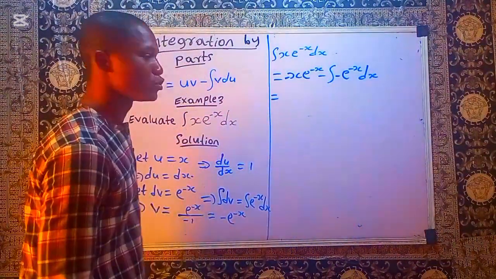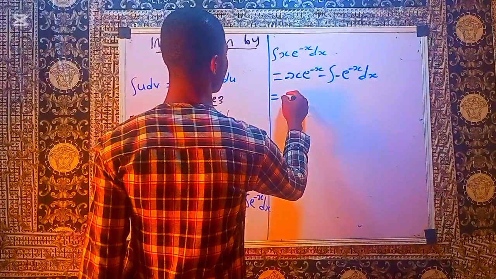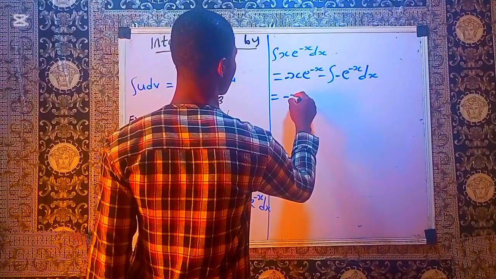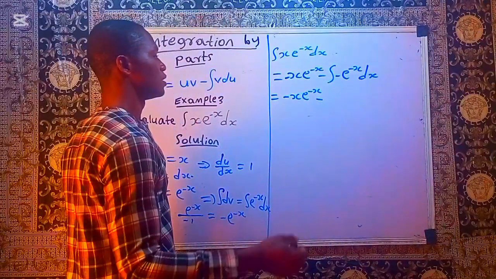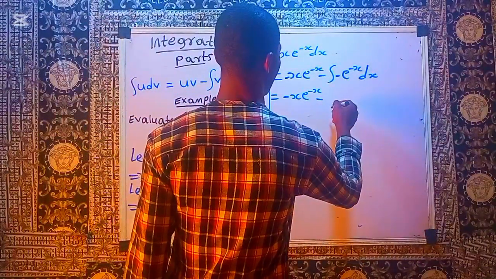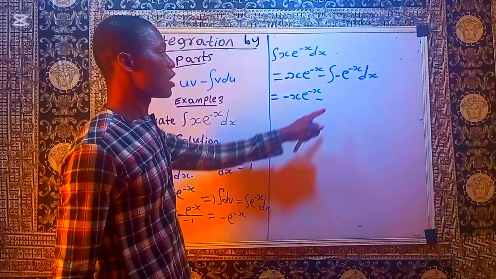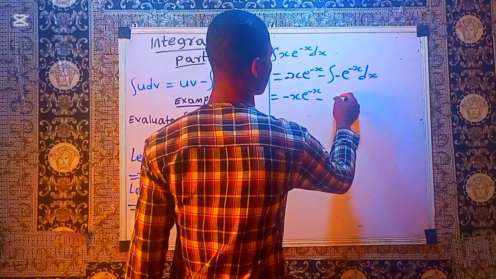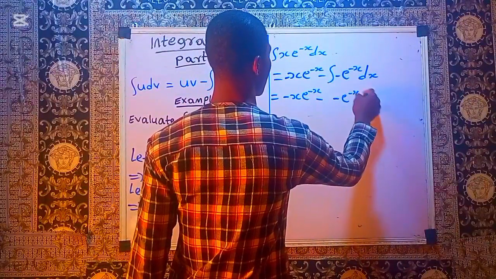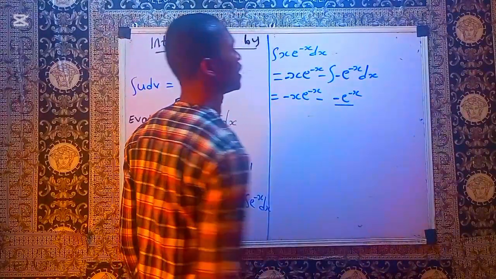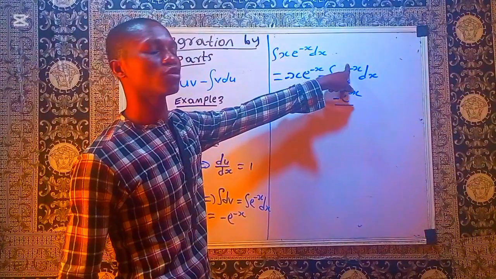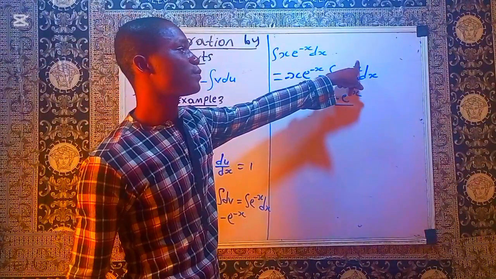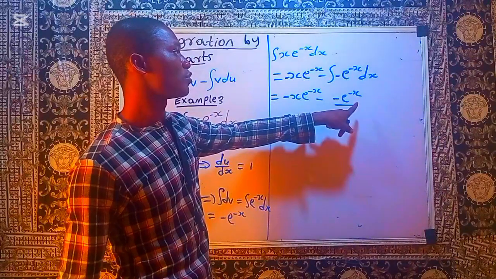So we are going to continue the solving. This is equal to minus x exponential minus x minus, we are going to have minus exponential minus x divided by, remember I told you that if you want to integrate an exponential function, you differentiate the exponent and bring the result down.